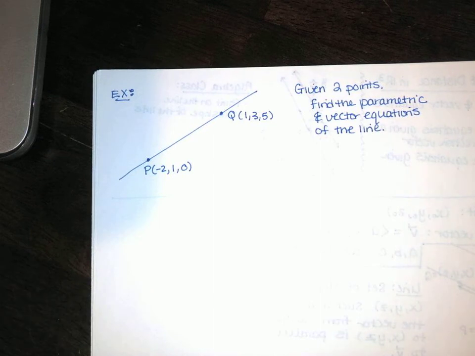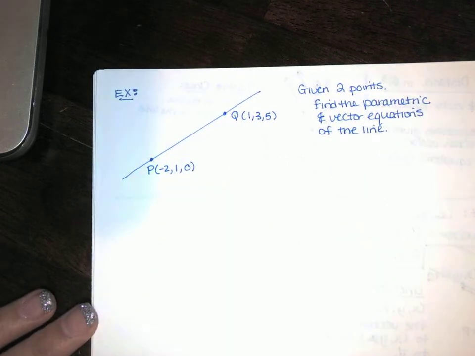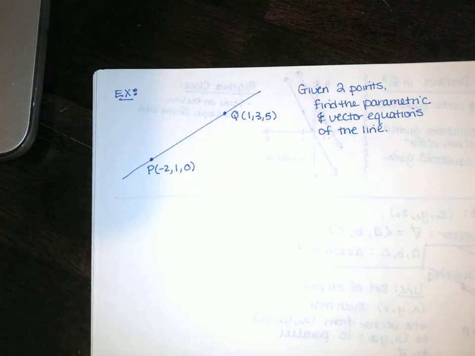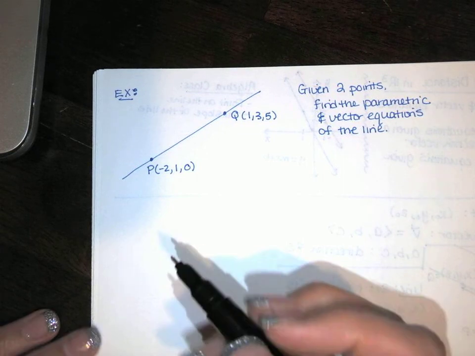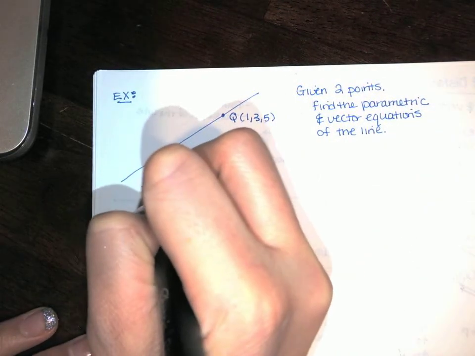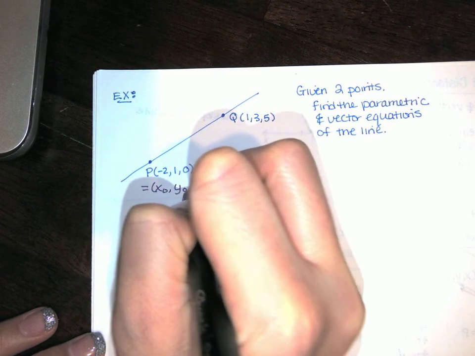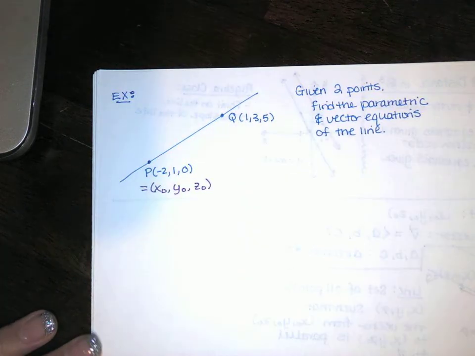Now, given that this doesn't necessarily represent a position, either one of these could be x naught, y naught, and z naught. It doesn't really matter. There are lots of correct ways to write the equation of this line. So I'm going to think of P as my starting point, x naught, y naught, z naught, but I could have just as easily chosen Q to be that starting point.